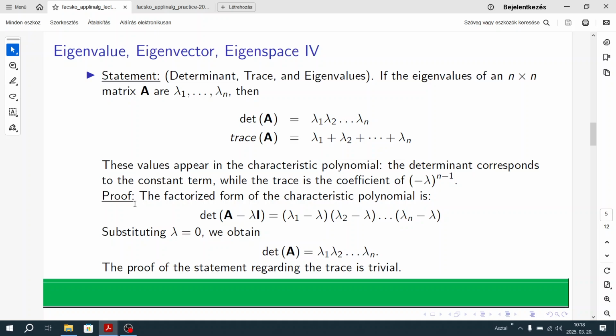However, for any square matrix of order n, the following statement is true: the determinant of any matrix is the product of all eigenvalues.